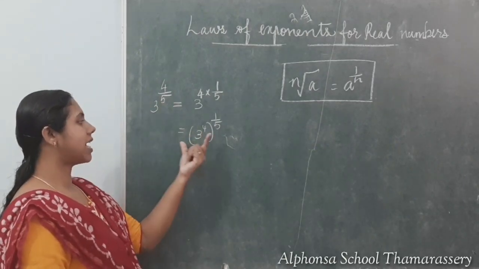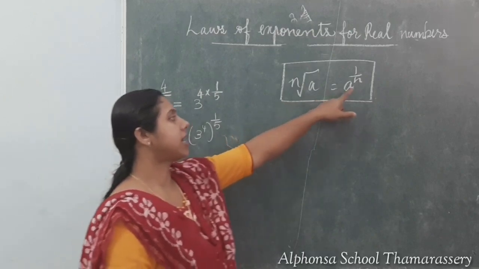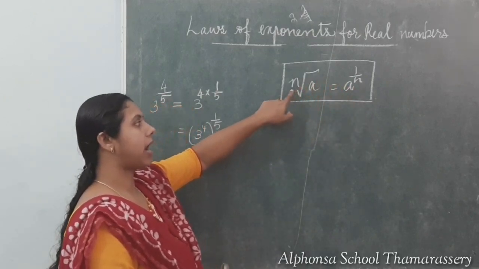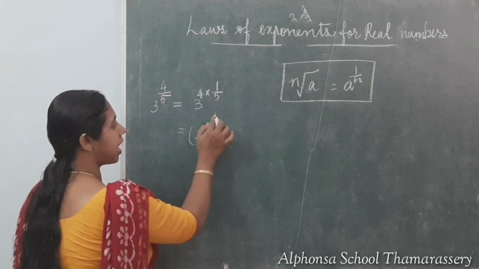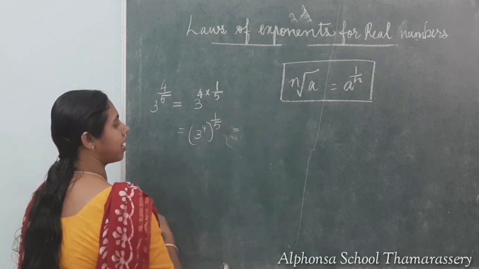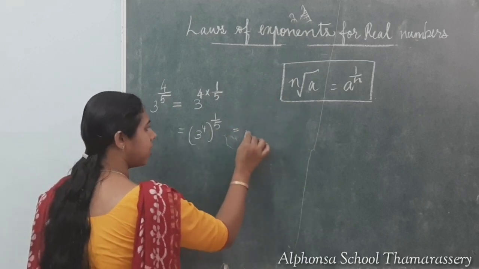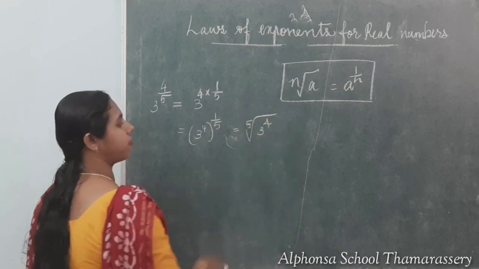Now we already know that a raised to 1 by n is equal to the nth root of a. So using this we can write it as the fifth root of 3 raised to 4.